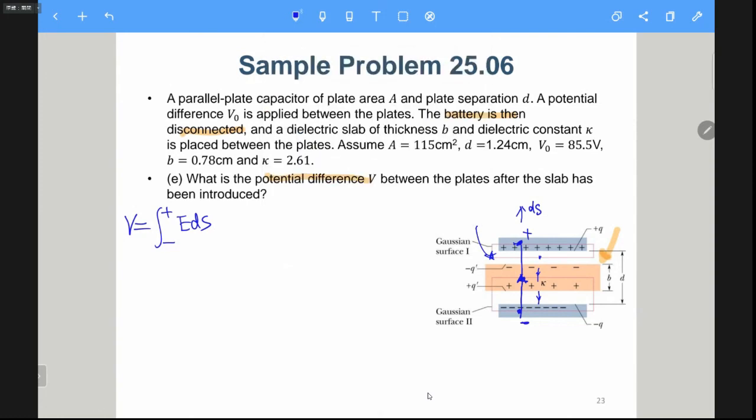Okay, so let's see. We don't necessarily need to consider the direction anyway, because originally V equals negative integral of E dot ds, and then we need to consider the direction of the dot product. Here we already tackled that direction, so we don't need to really consider the direction of the vector.